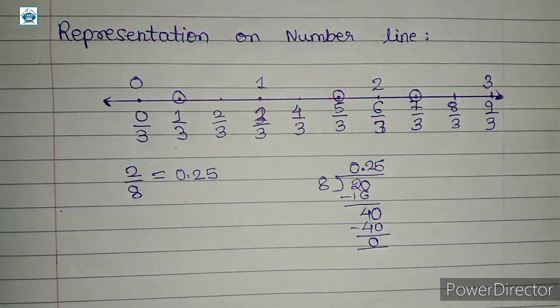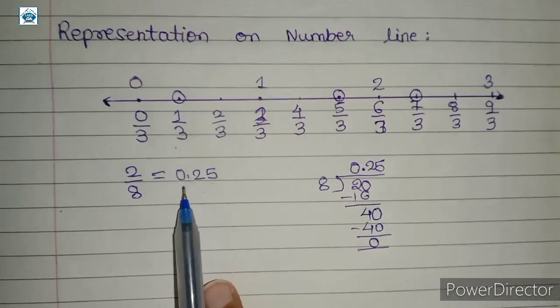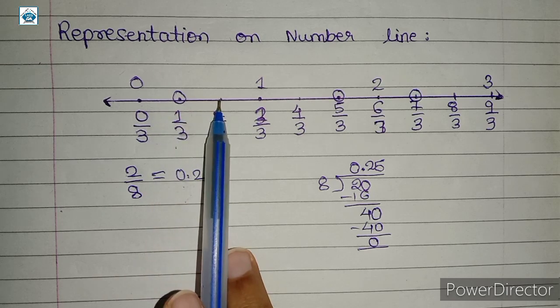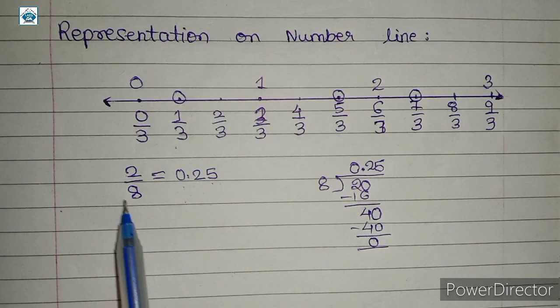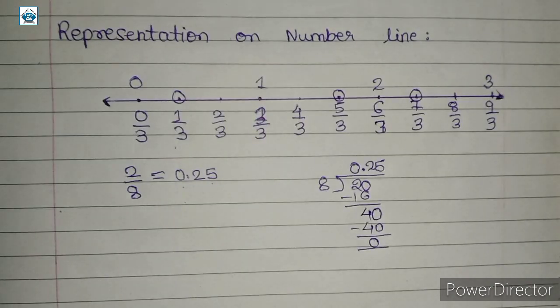0.25. So 0.25, that means after 0 but before 1. 0 point something will always come after 0 and before 1. So 2 by 8 lies between 0 and 1. Now here look at the denominator. The denominator is 8.